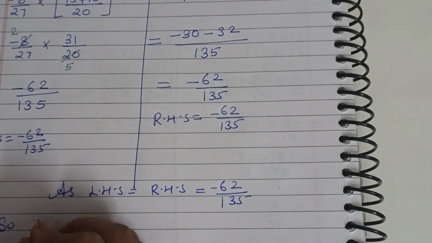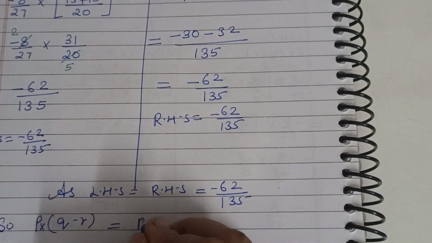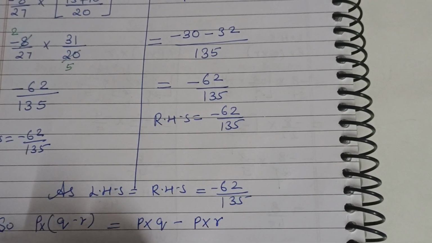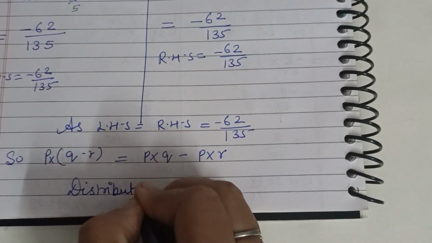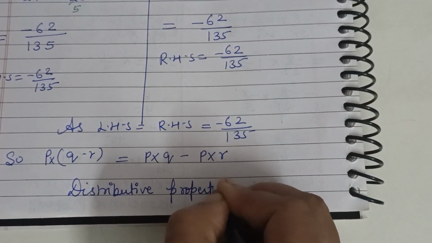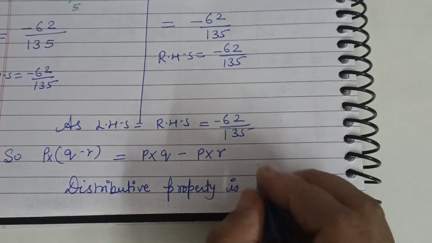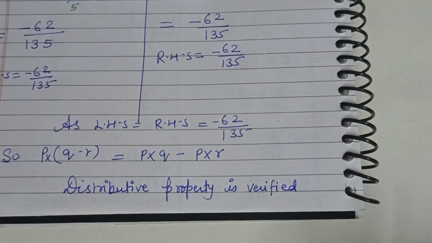So P into Q minus R equals P into Q minus P multiplied R. Which property is it? Distributive property. So in this way, distributive property is verified, where product is distributed over subtraction, right?